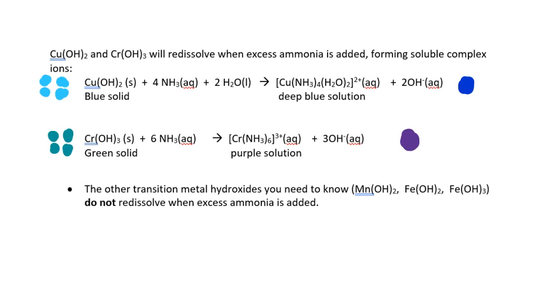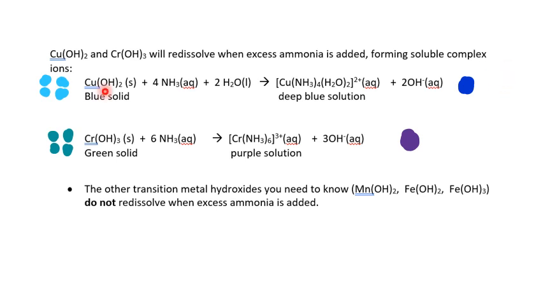So in the case of copper 2+, you get this slightly strange ion in which there are 4 ammonia ligands and 2 waters. So you write the formula out like this, as this sort of copper 2+ and then the list of ligands after it with the 2+ charge. And you remember that's a 2+ ion.